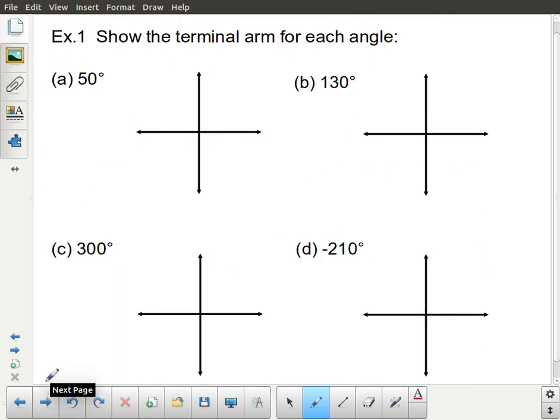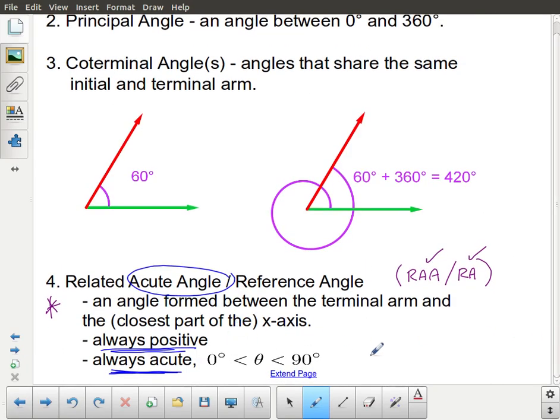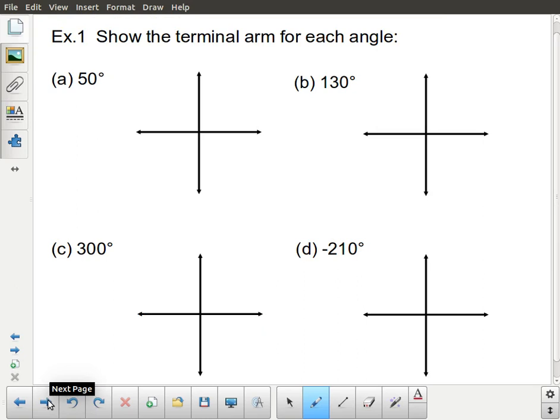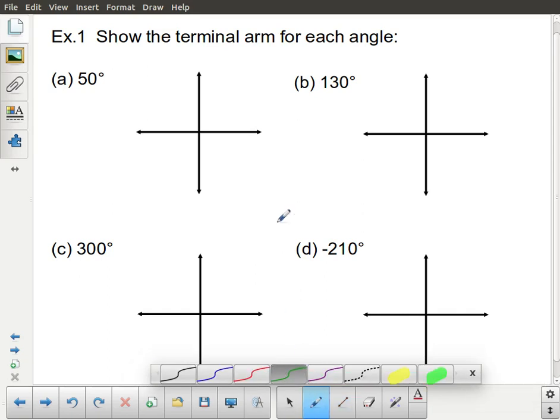Now, let's see. We've actually got some exercises coming up here, and those are going to help me to illustrate these things. So rather than drawing a diagram for this right now, I'm going to explain this as we go through these exercises. The first one just wants you to show the terminal arm. Your initial arm is going to be, as it was before, let's see, I don't have a handy one here. I'm just going to freehand it then.